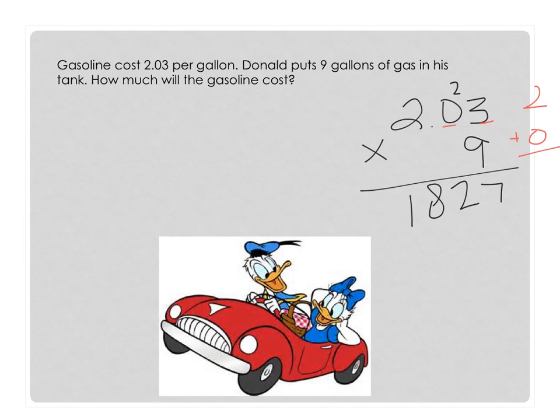Notice we keep writing 0 for the second one. That's because we're multiplying decimals by whole numbers today. When we start multiplying decimals by decimals, it won't be a 0 there every time. It's a total of 2. 1, 2. So it's going to cost Donald $18.27 to fill up his tank with 9 gallons of gas. Not too bad.